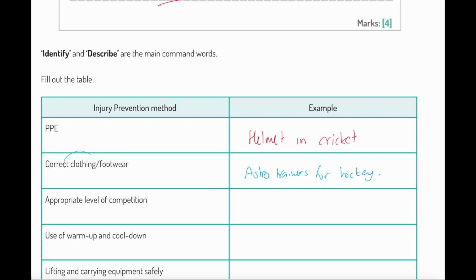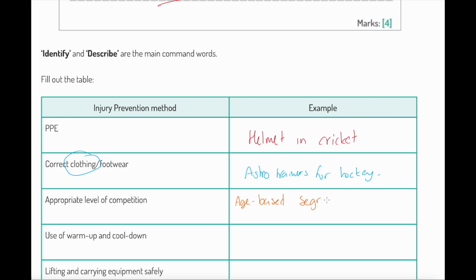But also, notice you have clothing. I could put something like wicking clothing to keep a marathon runner cool during a long distance run or something like that. So, lots of options that you've got, but that's the one I'm going to go for. Appropriate level of competition. I'm going to go here for age-based segregation. That's a big word, isn't it? Segregation.